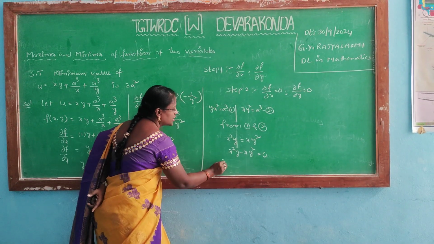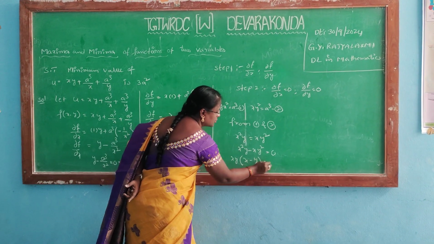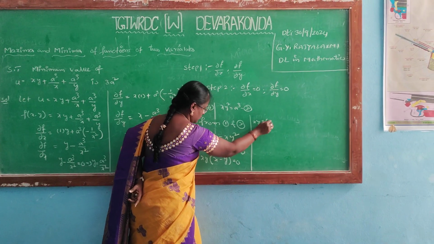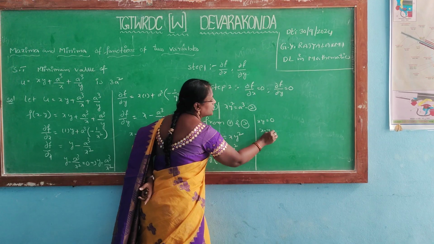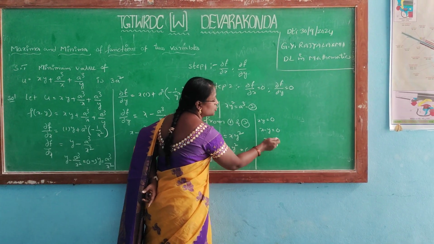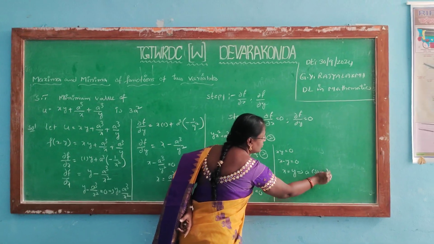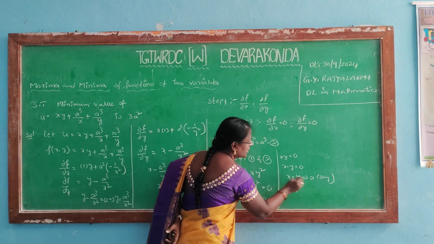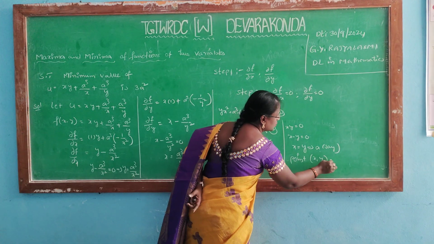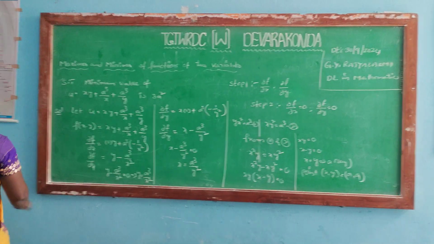I am taking x and y common. So xy common, and x minus y equal to 0. Since xy is not equal to 0, x minus y equal to 0. That means x equals y. So here x and y are equal, take this as a. So the function point is x and y are the same, so x comma y equal to a comma a.